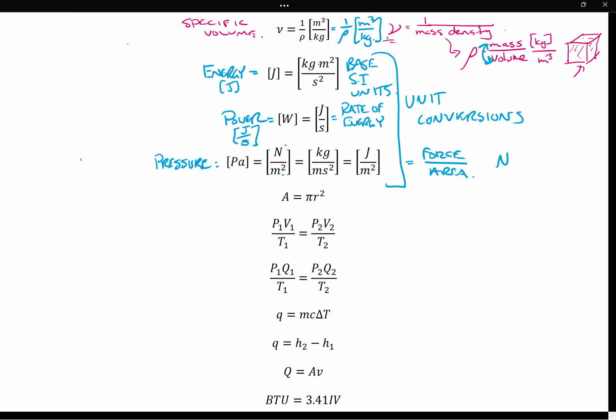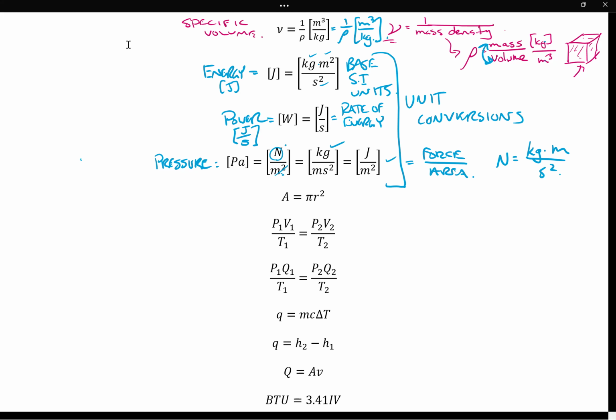A Newton is a kilogram meter per second squared. So if you then have meter squared in the denominator again, and you put kilogram meter per second squared here, cross out your meter squared, that's where you will get this. And then it is easy to see that since a joule is a kilogram meter squared per second squared, that's the same as a joule per meter squared.